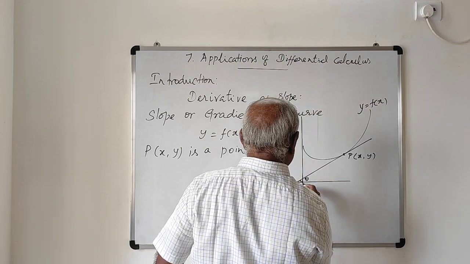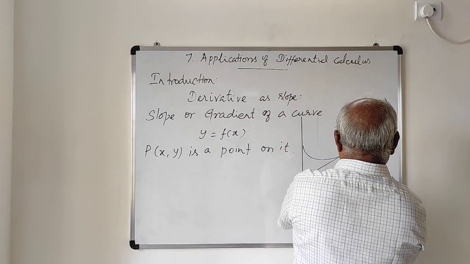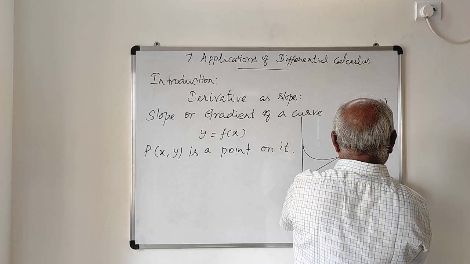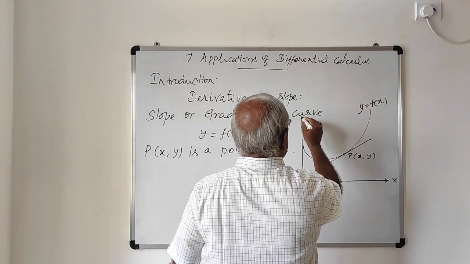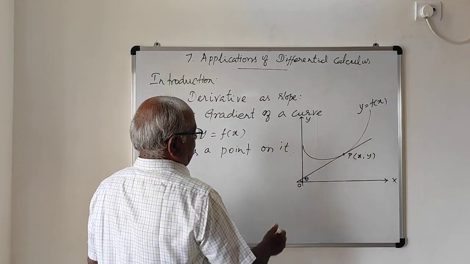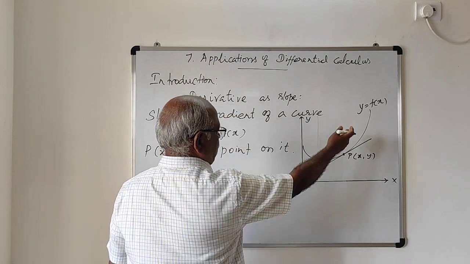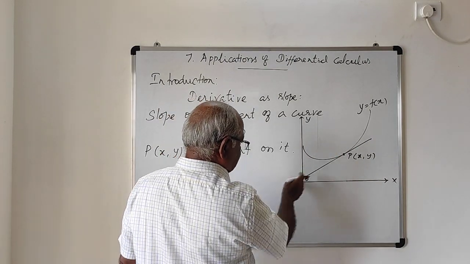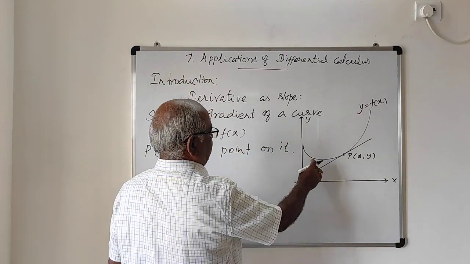This is the origin. Theta is the angle made by the tangent to the curve with the x-axis. The measure of the angle in the anti-clockwise direction from the x-axis is theta.